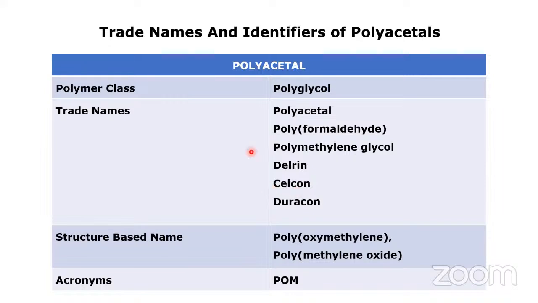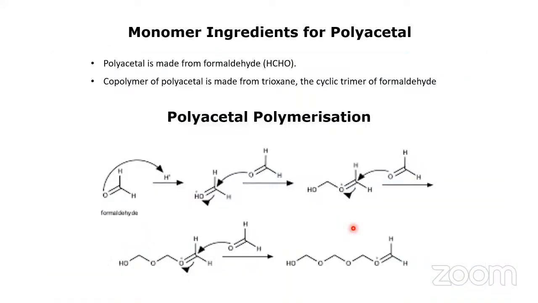These all come under the class of polymer called polyglycol, or you can say polyacetal. Which kind of monomers or raw materials are used to synthesize polyacetals? Here you can see formaldehyde. Polyacetal is generally made from formaldehyde. What is formaldehyde basically? Can you observe the structure here?